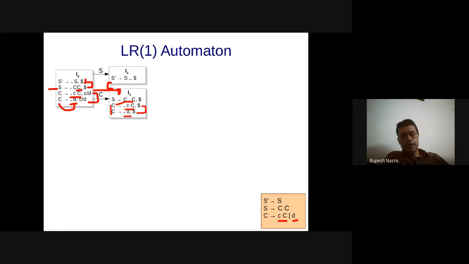Okay. Any other suggestions here? So we have two answers. Also, okay. So there is a third answer now. So there is a change in the lookahead.